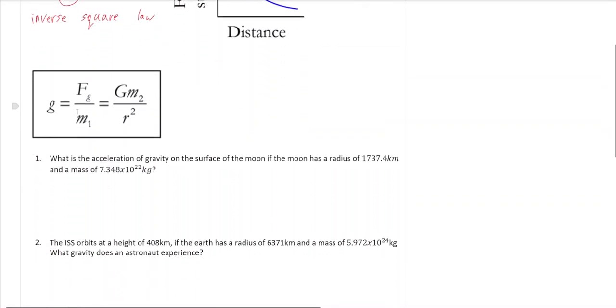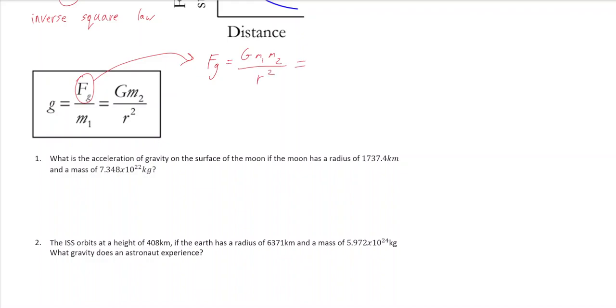But really, the formulas are all just this, right? Keep in mind, this one was from the last video: Fg equals G m1 m2 over r squared.